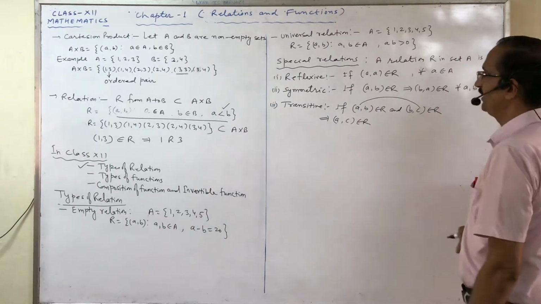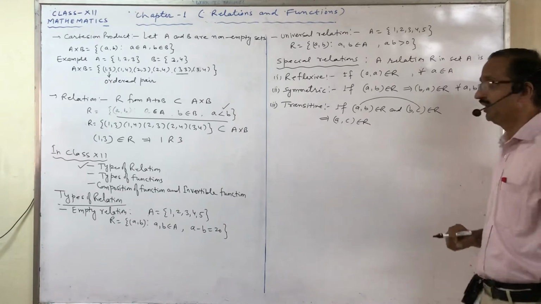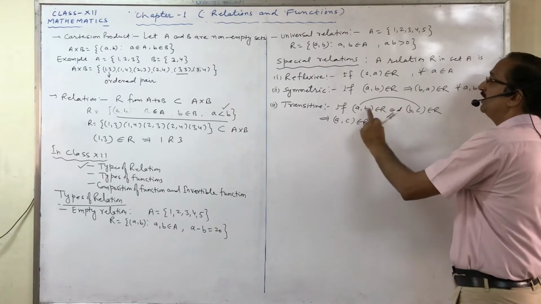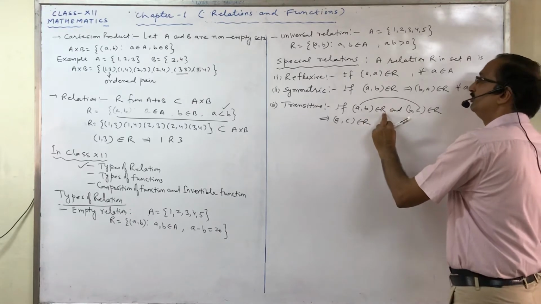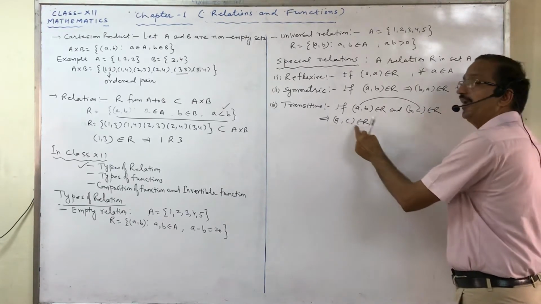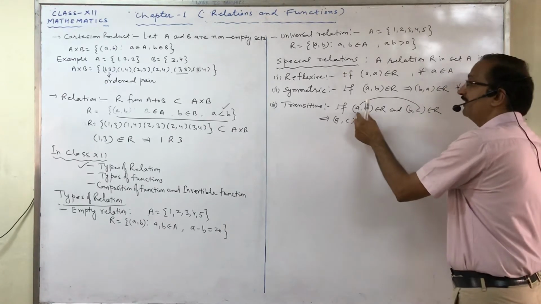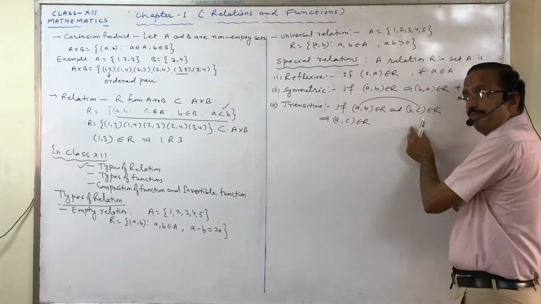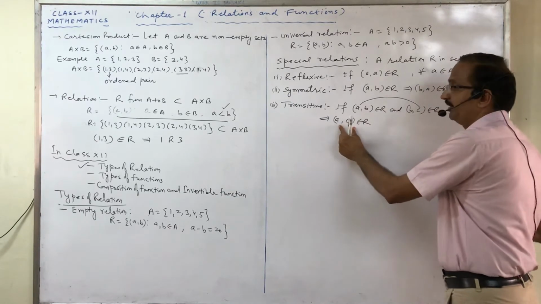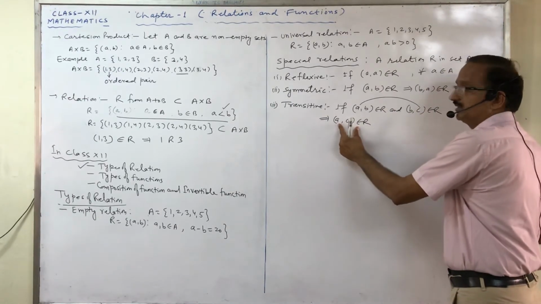Okay children, one more thing that is very, very important. If (a, b) is related, (b, c) is related, then we will think about a and c. If suppose the first happens, the second will not happen, then by default we can say that the relation is transitive. We don't look at this third.